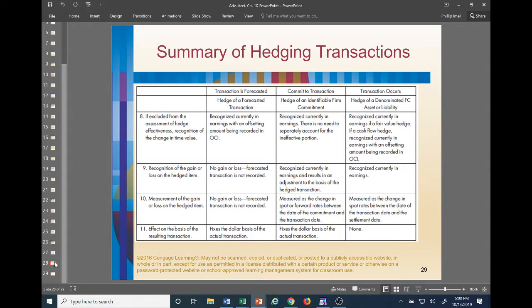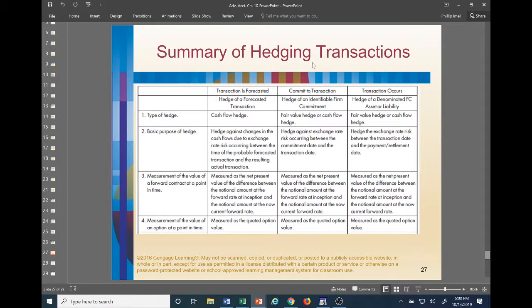So once again, these last three slides are just going to explain the summary of the hedging transactions for the three different types of transaction, whether the transaction is forecasted, committed, or occurs, and the different attributes being assessed here. So I'm not going to read through all these verbatim. This is something you can do on your own time.